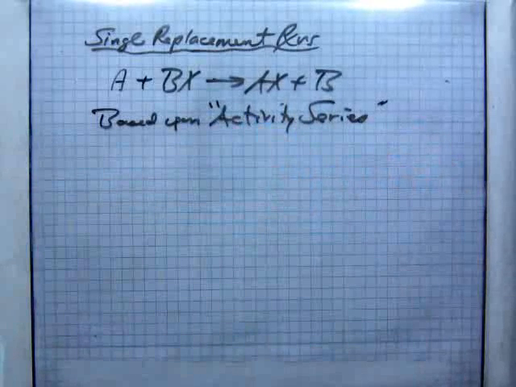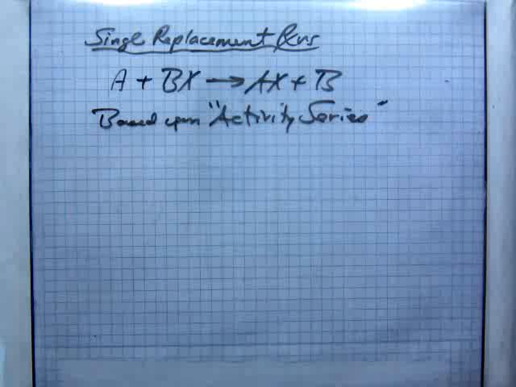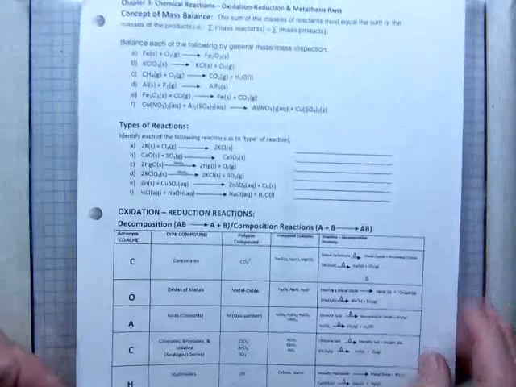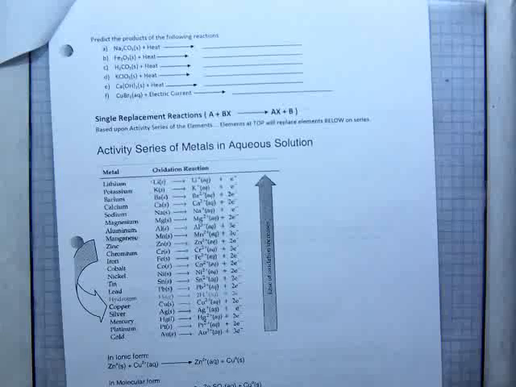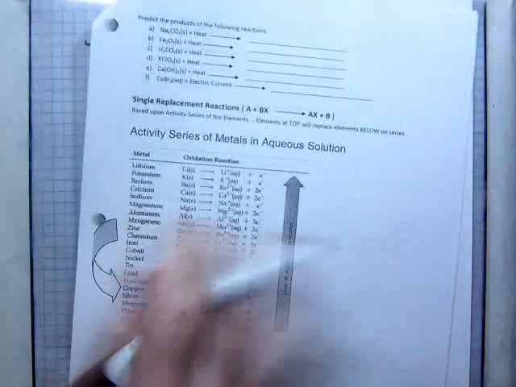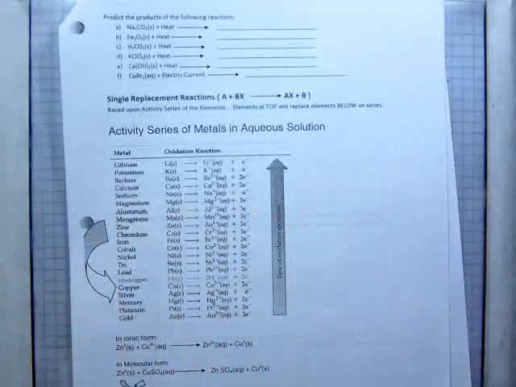So in your handout on your equations, page 2, turn to page 2. There's your activity series right there. The way you interpret this is whatever's at the top will replace anything below it.